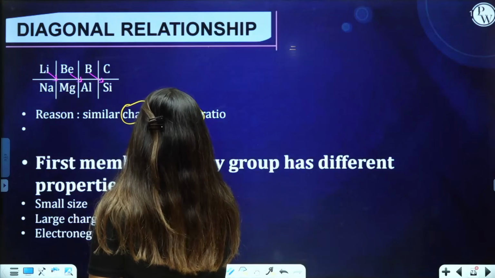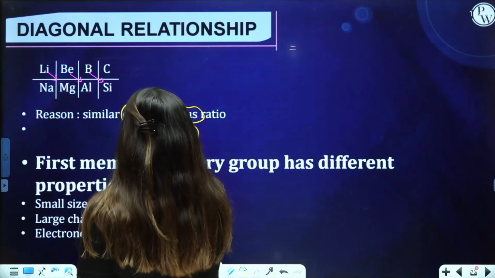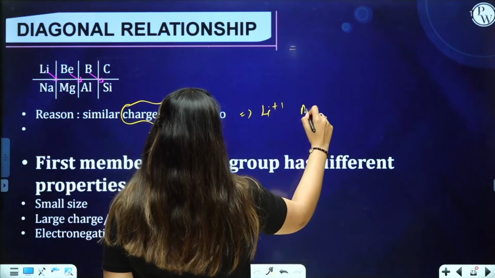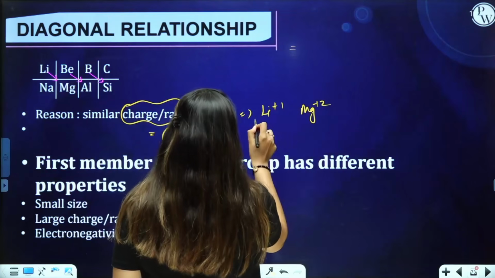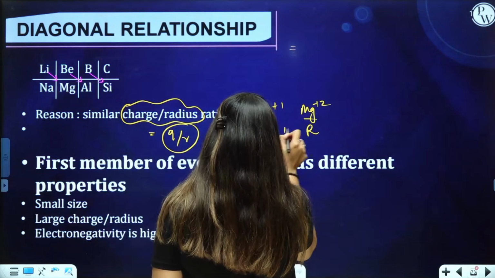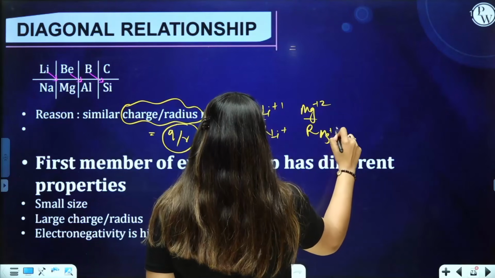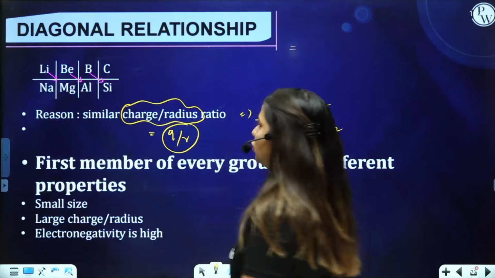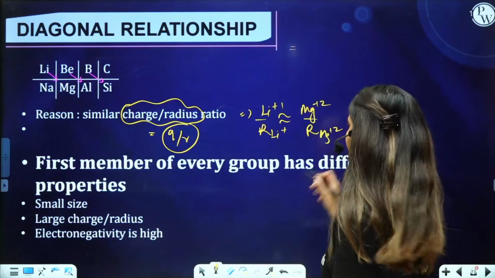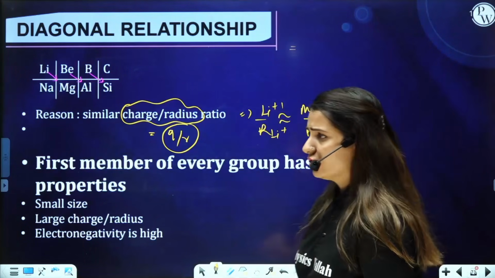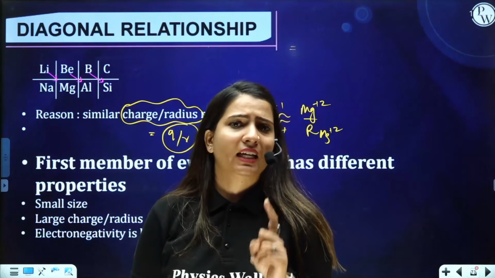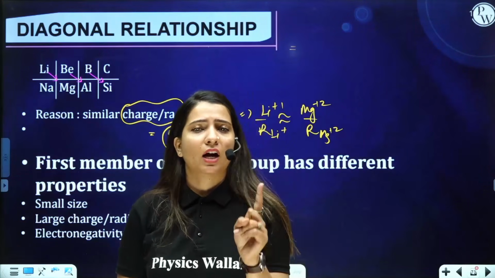Lithium has charge +1, magnesium has +2 charge, and they have some radius, so the charge by radius ratio will be almost similar. Remember this: why is there a diagonal relationship between elements? Because they have similar charge by radius ratio.